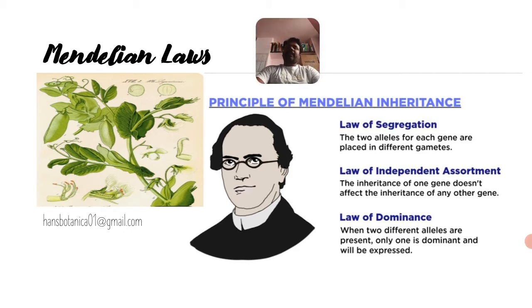In the law of dominance, in the heterozygous condition, the dominant gene is expressive in the presence of the recessive gene, and the recessive gene is suppressed in the presence of the dominant gene. Hence, the dominant gene is expressed in the first filial generation.